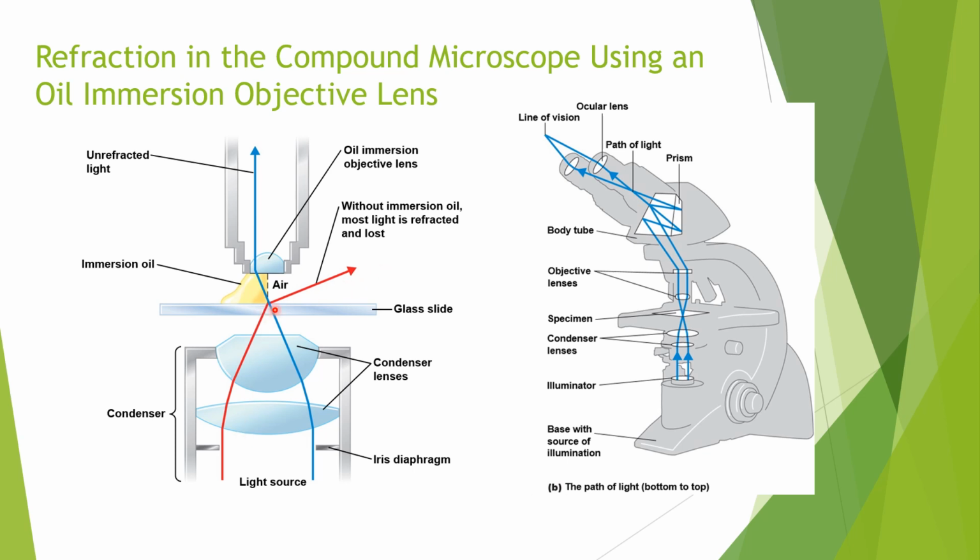If you don't put that drop of oil, the light refracts and is not going to hit your oil objective, and therefore the image is going to be very blurry. So make sure that whenever you use the oil immersion lens, you must put a drop of oil. Only, by the way, when you're using the oil objective.